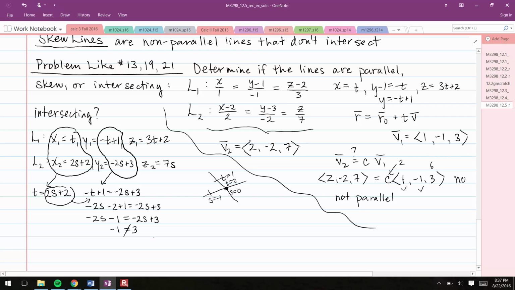So just speaking to if you had picked a different component to deal with here, for example, the last two, or just kind of mixing these up in another combination, you might get a solution here for s and t, and then what you would do is you would check those with the other coordinates equation that you didn't do.